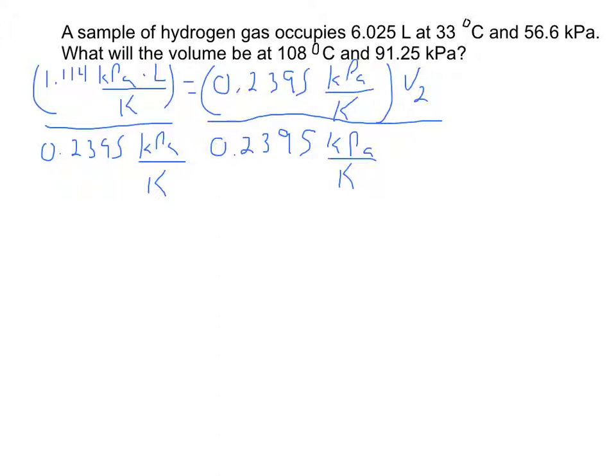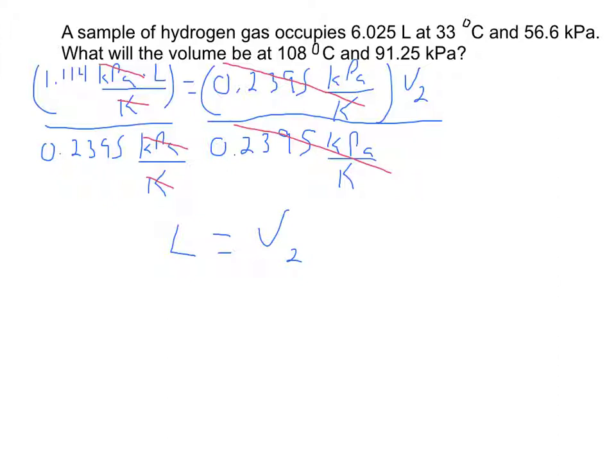On the right side, this is the same as this, so all of that goes away, leaving us with simply our V2, which is good. That's what we want to find. We do need to cancel units on the left side, though. My kPa cancels with that kPa, and my Kelvins also cancel out, leaving me just with liters.